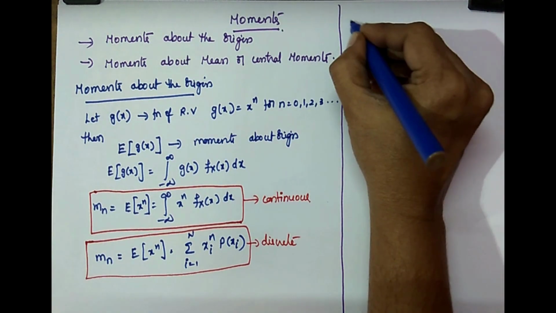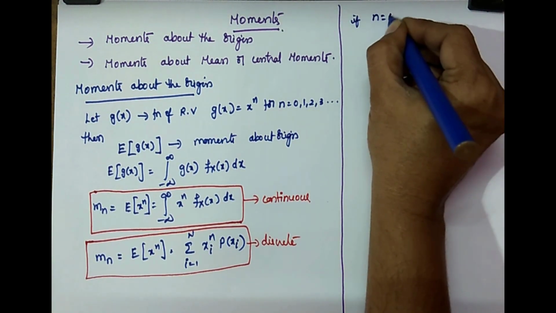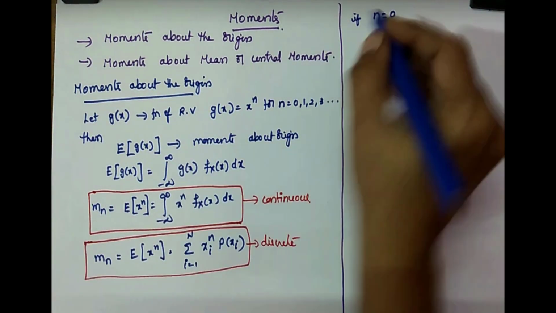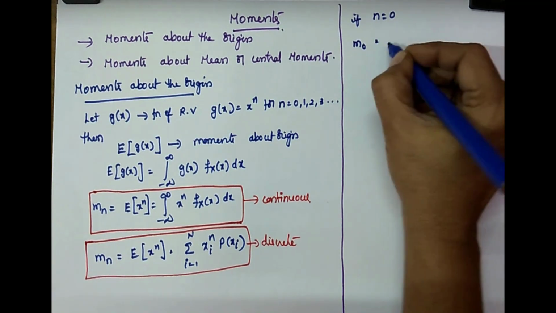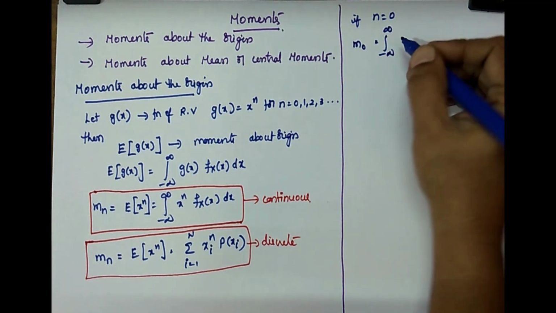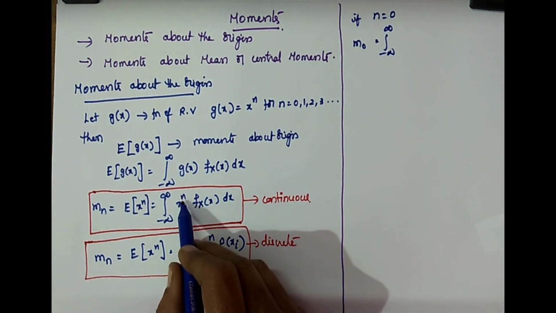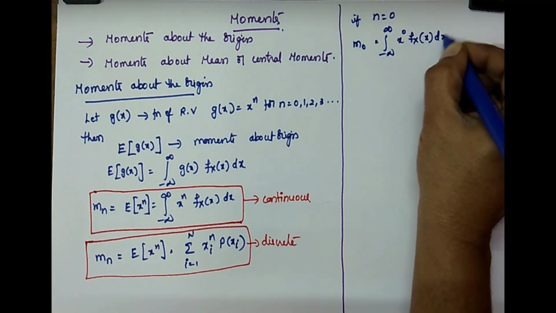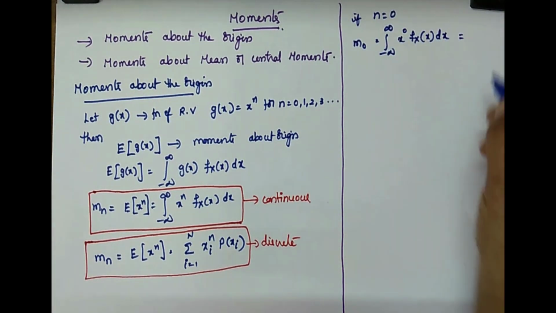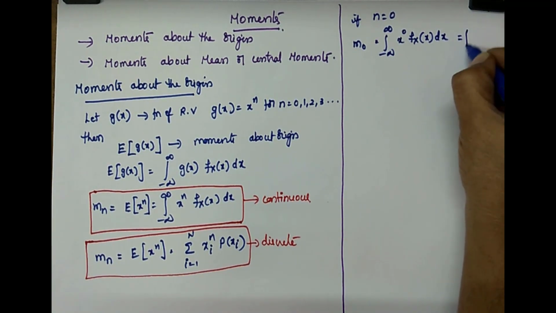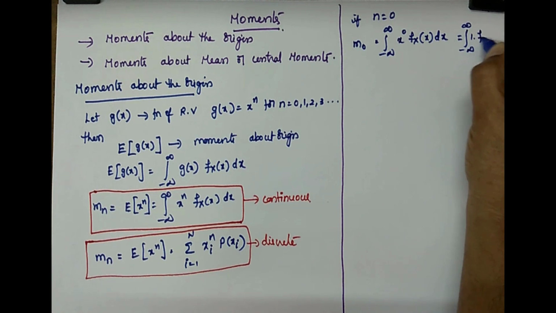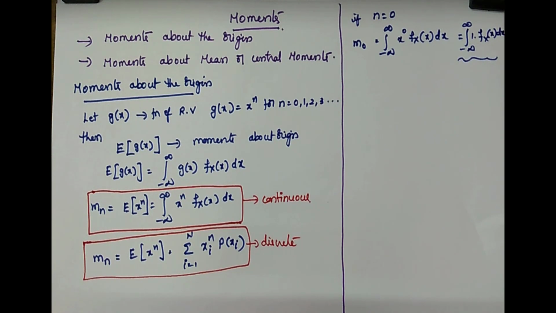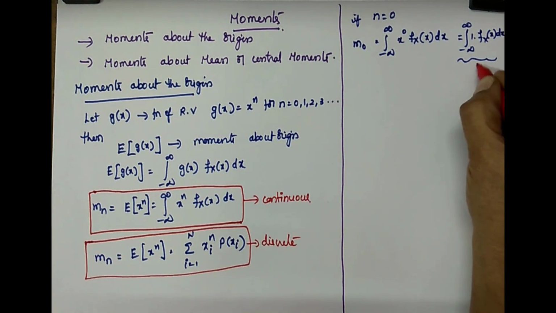Now, if n equal to 0, keep n equal to 0 here. So m_n becomes m_0, that is the integral from minus infinity to infinity, and in the place of x power n, you take x power 0, that is 1, into fX of x dx. So what is this? It's nothing but 1.